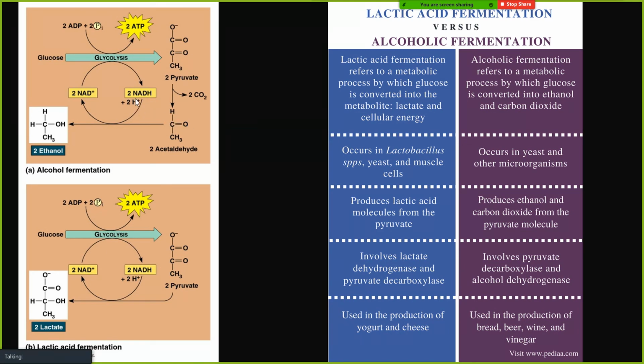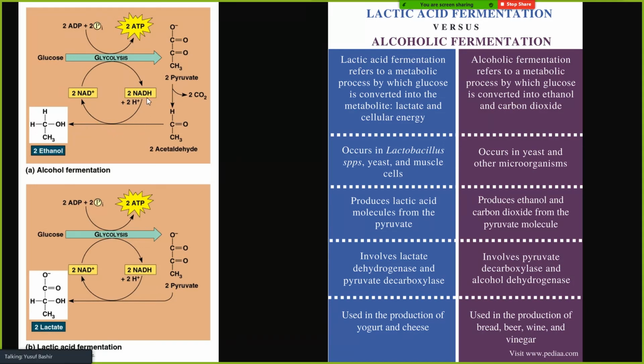Down here at the bottom, these are the two types of fermentation. At the bottom, we have lactic acid fermentation. In lactic acid fermentation, we produce lactate. Now, alcoholic fermentation is the same kind of idea, the same principle, except the pyruvate turns into this thing, which turns into ethanol.